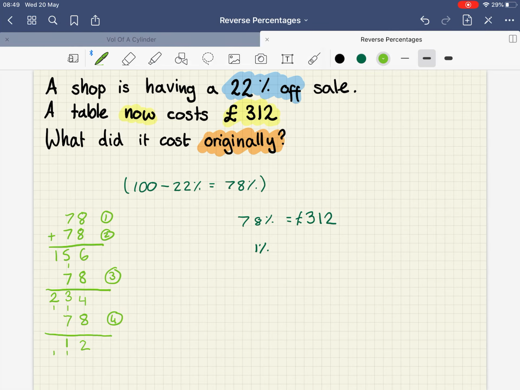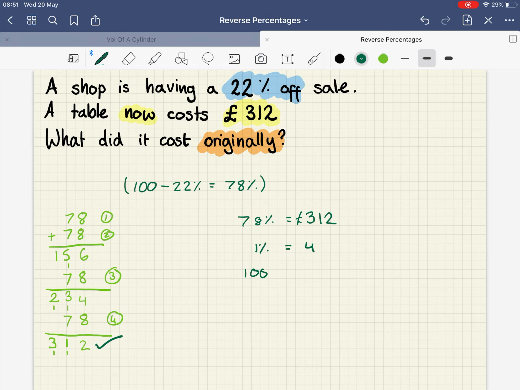Then 2, adding that, carrying the 1 is 3. And so I have now reached my goal, because my goal was to get to 312, and here is 312. So I've effectively divided by 78, which is 4, because I had four lots of 78 total.